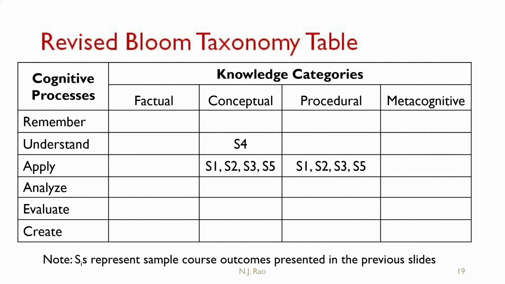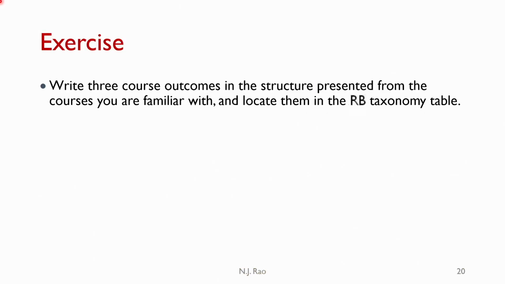That is why we locate them in both the cells, that is cell 3,2 and cell 3,3, whereas S4 has only one category of knowledge, namely conceptual, and one cognitive process, understand. So, it is in one cell. S4 is in 2,2. All this S represents the sample course outcomes that we have presented in the earlier slides.